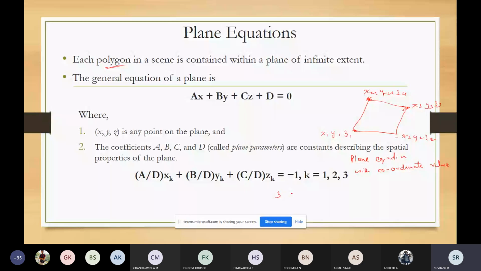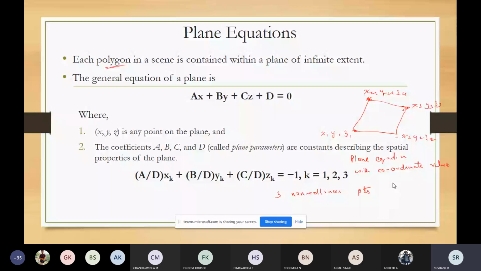So if you want to obtain the coefficients A, B, C, D, you can obtain them by solving the three plane equations with coordinate values of three non-collinear points like x1, y1, z1, x2, y2, z2, x3, y3, z3.